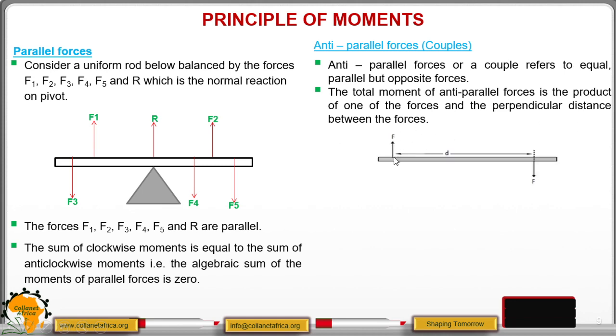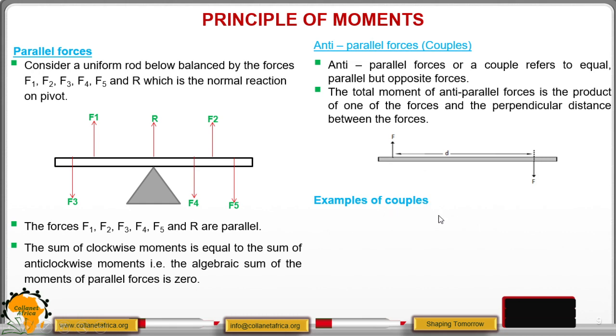Therefore, you have this is one force and this is another force, and the distance between them is this. So if you want to calculate the moment on this load here, you take one of the forces, maybe this one, and multiply by this distance between the two. So this one is a little bit different from this one, because here we consider two forces, this one and that.